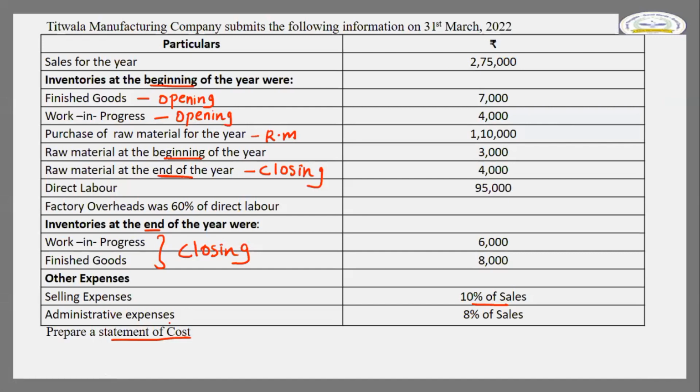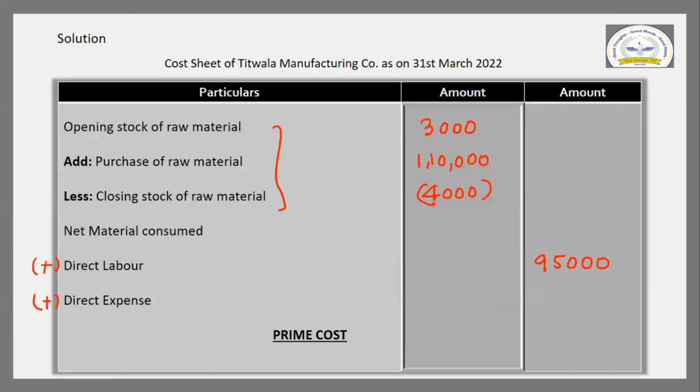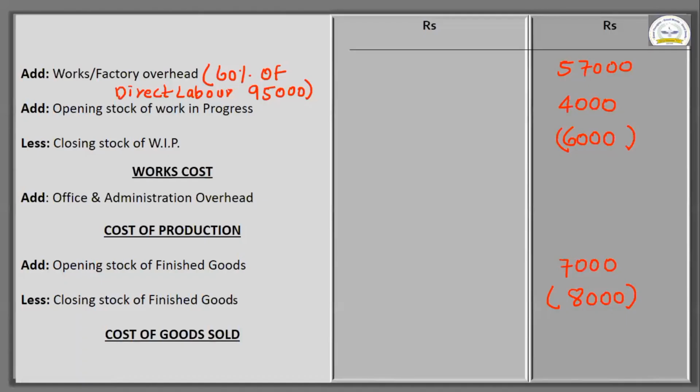Last, administrative expenses, office and administrative expenses, 8% of sales, and sales is given 2,75,000. If we do 8% of 2,75,000, we'll get 22,000 as amount.